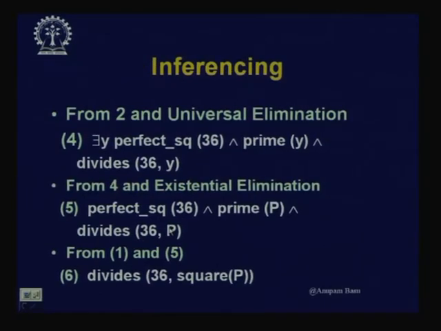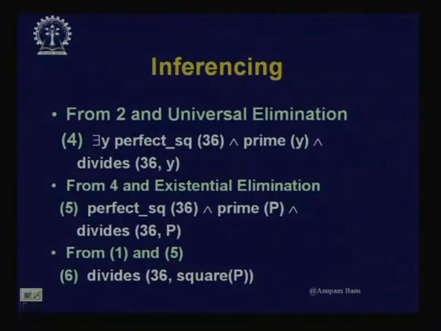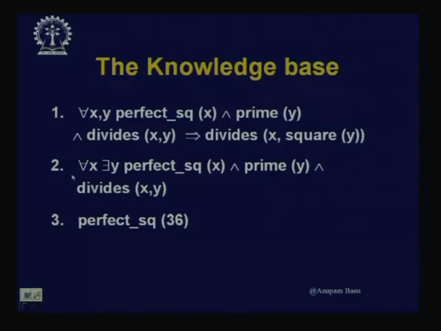Now comes the reasoning, the inferencing from 2 and universal elimination. What was 2? 2 was, let us see again, for all x, perfect square x and prime y and divides x y. Now, when I eliminate this, I want to prove it, I am dealing with a particular perfect square, that is 36, that is of interest to me, and perfect square 36 I know.